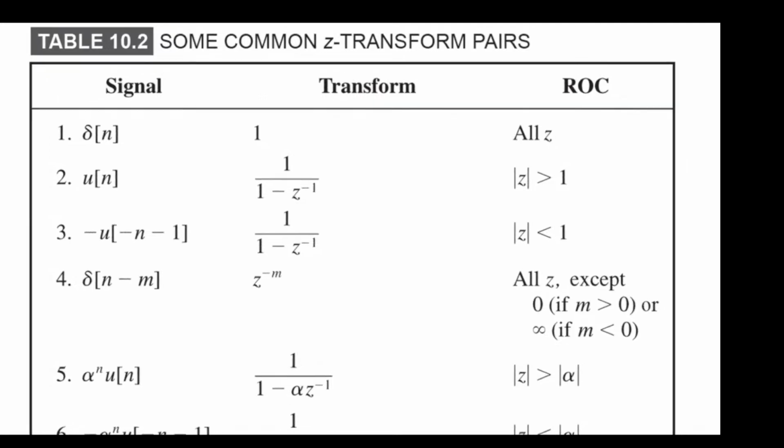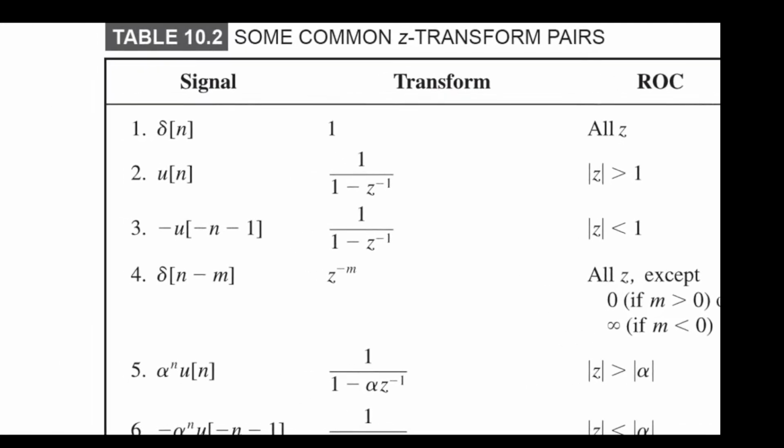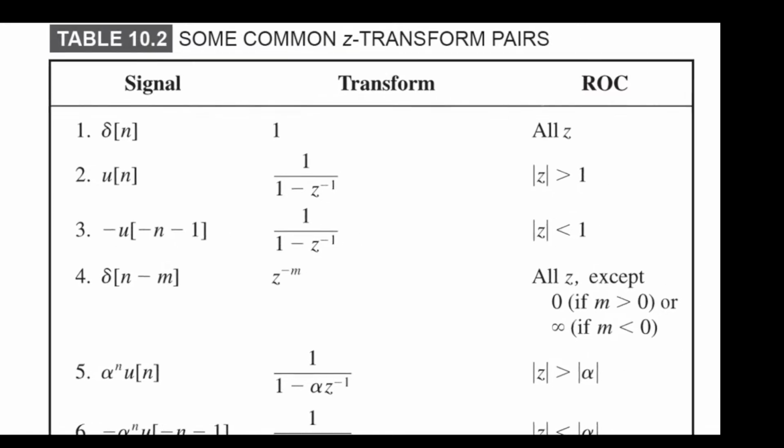It gives us the power series inversion of the Z transform. For delta of n minus m, your ROC will be everything except sometimes you include 0 and sometimes you include infinity, depending on whether you have a positive or negative power here.